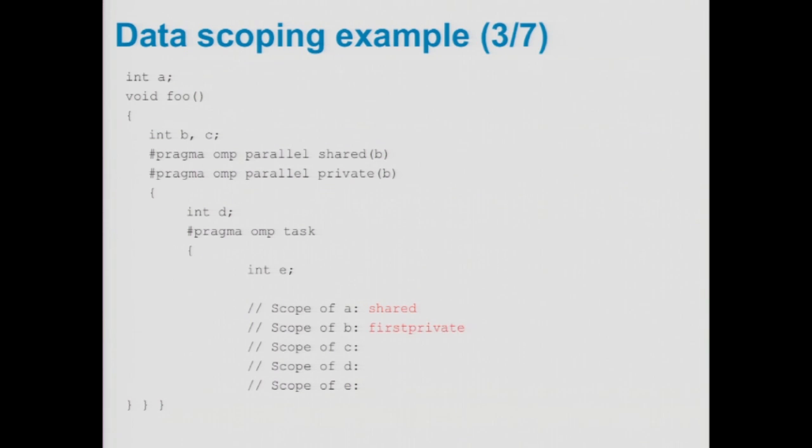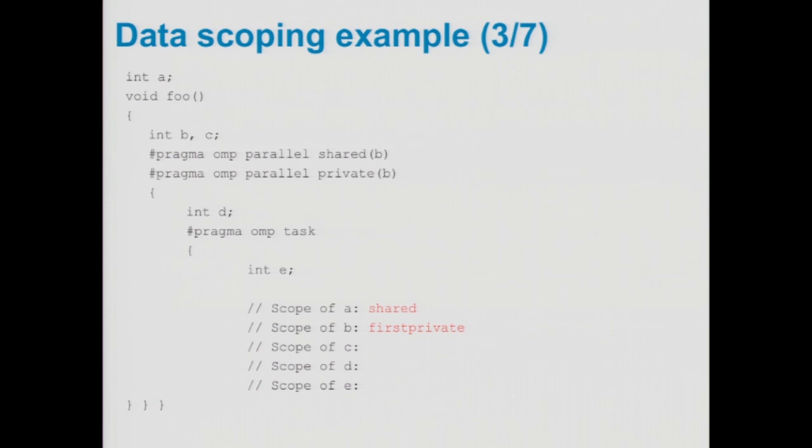Okay, when we get to B, B is the one which initially was shared in the outer parallel region, became private in the inner parallel region, and now we get down to the task, and it says each thread of the inner parallel region has its own copy of B, therefore each thread might have a different value stored in B, therefore when I enqueue a task, I better make sure to grab a copy of that variable for that thread so that when I actually get around to executing it, I'm executing it on the right value of B.